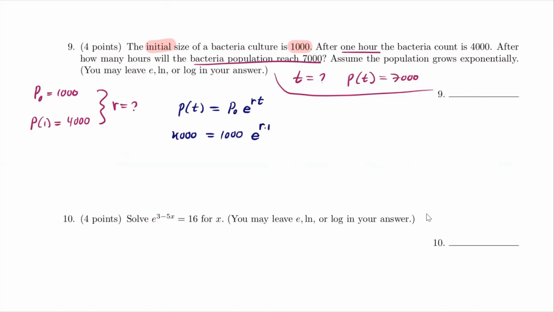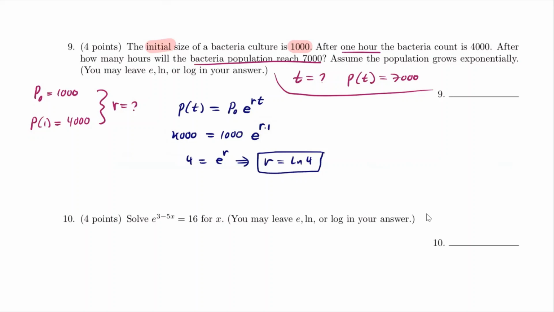So we know when t is 1, this is the amount. That's what it grows to. Let's simplify, solve for r. Divide by 1,000, so you have 4 is equal to e to the r, and you take natural log on both sides. So you'll have r is equal to ln of 4. So that is the rate.